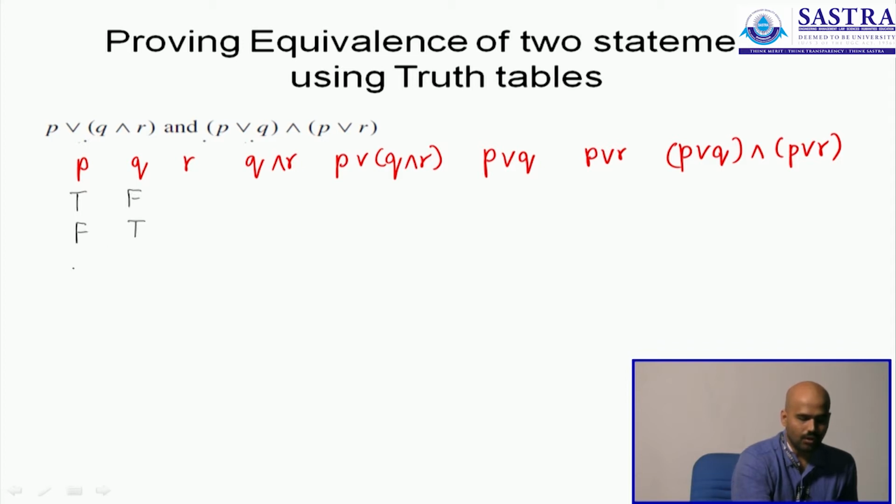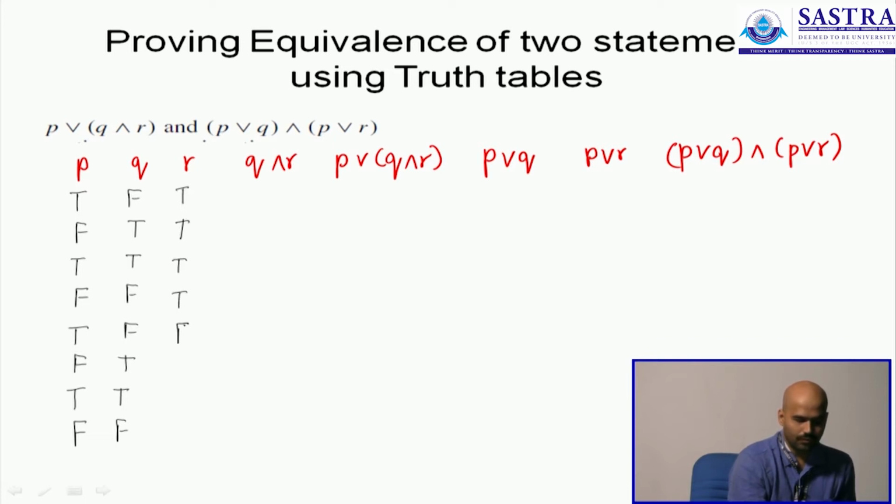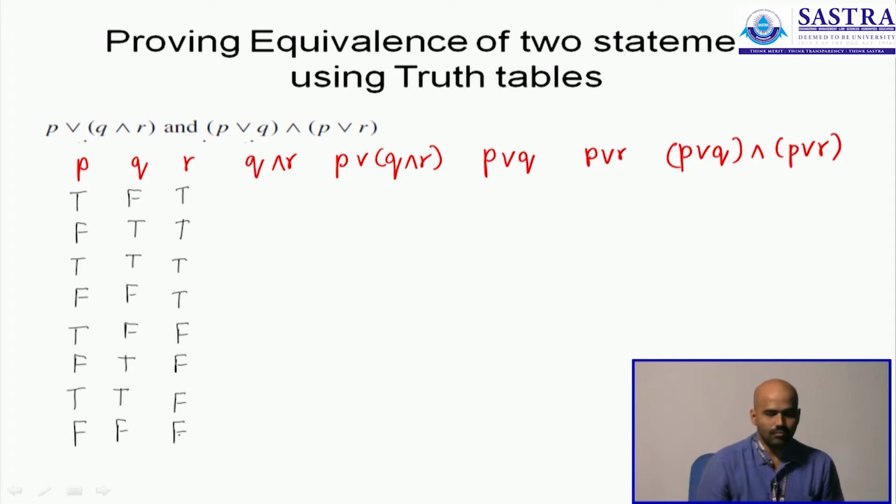Now if you can recall, we found out a very easy way to write all the 8 outcomes. We write for the two statements P and Q first and then make a change in the truth value of R. So now for each of these input sequences, let's compare these 5 columns that we have.